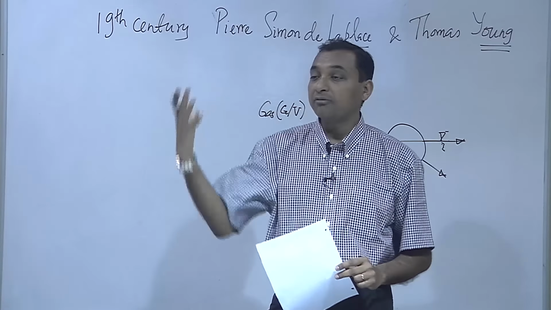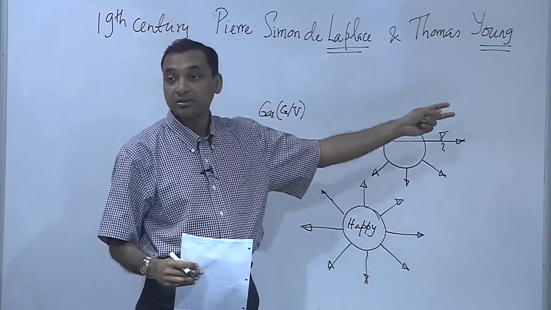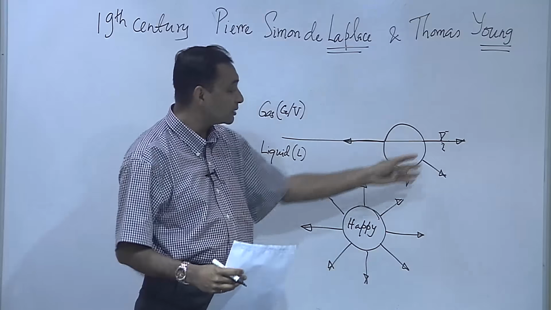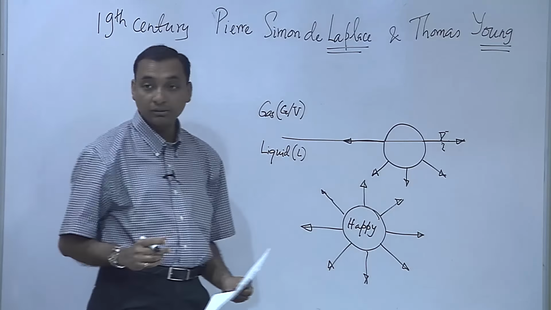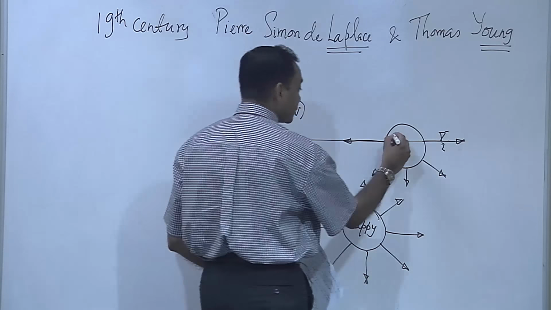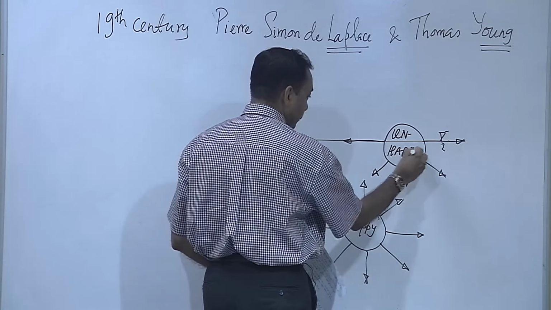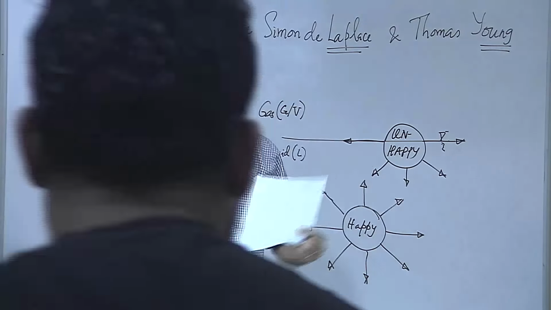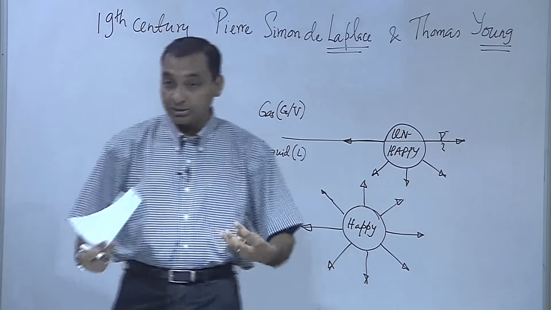Because on the other half there is no water; it is in the gas or air or vapor phase. So only half of it is getting attractive forces by the neighboring water molecules. So this molecule is essentially in an unhappy state, because it's not able to find another pair with which it can create an attraction, whereas this one always has other liquid molecules inside.